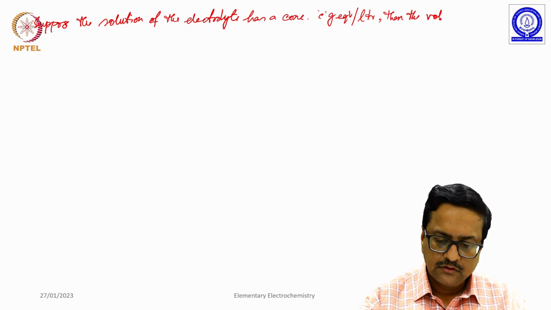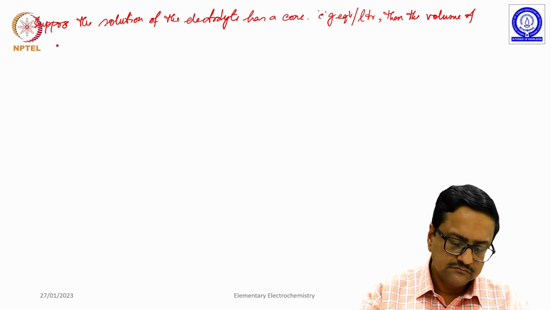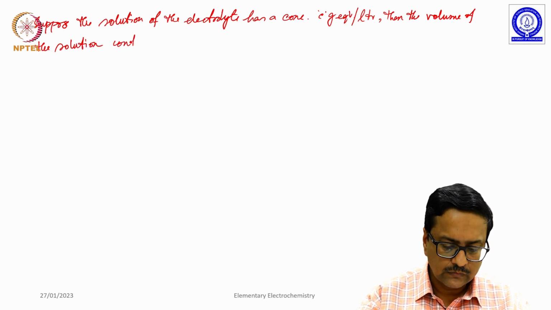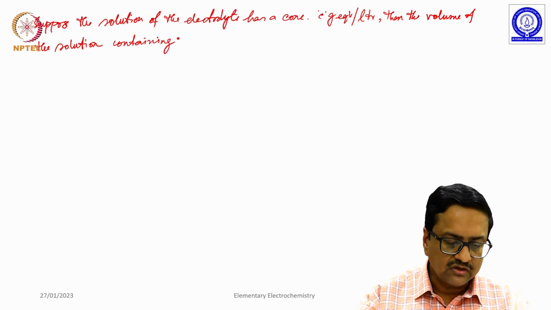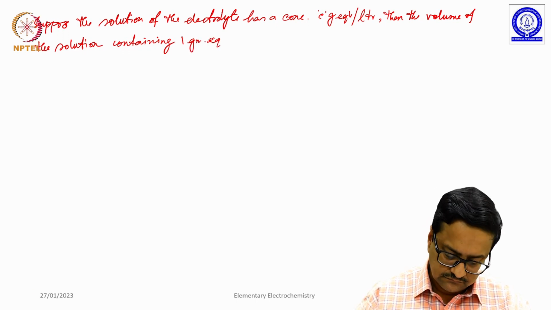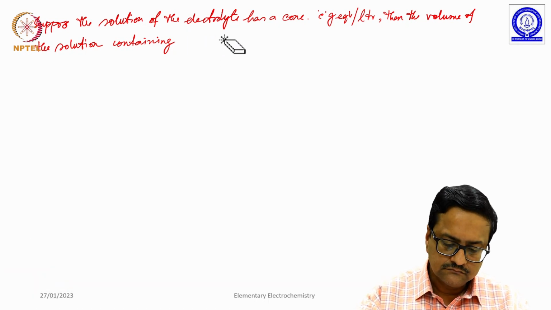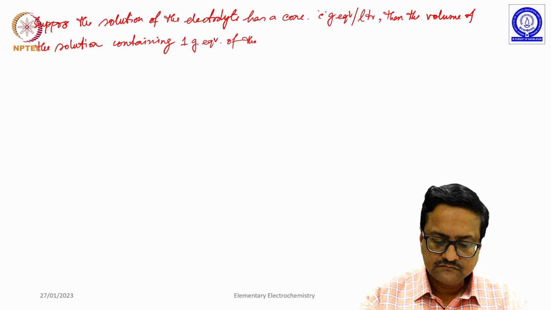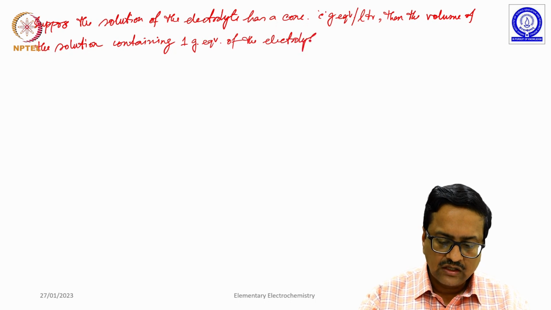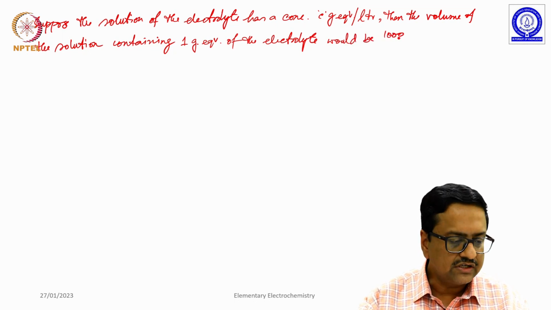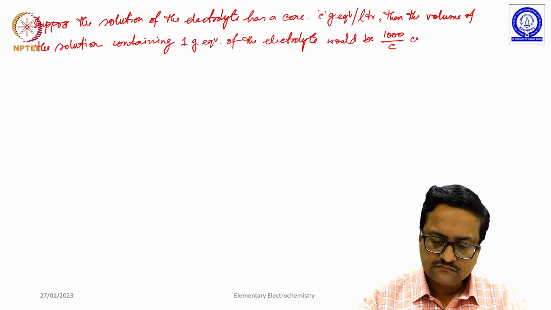Then the volume of the solution containing 1 gram equivalent of the electrolyte would be 1000 by C cubic centimeter.